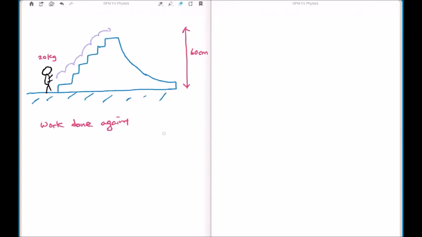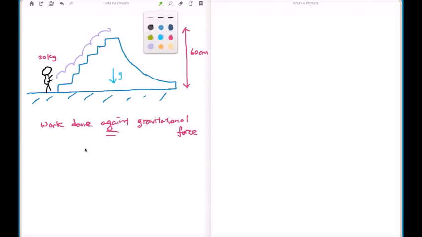Normally they would just ask for work done, but since this is a tutorial, this is actually work done to go against the gravitational force. Okay, what's the work done to go against gravitational force? Gravity is downwards, but you are going upwards. Okay, this is where the gravity is down. You're going upwards.